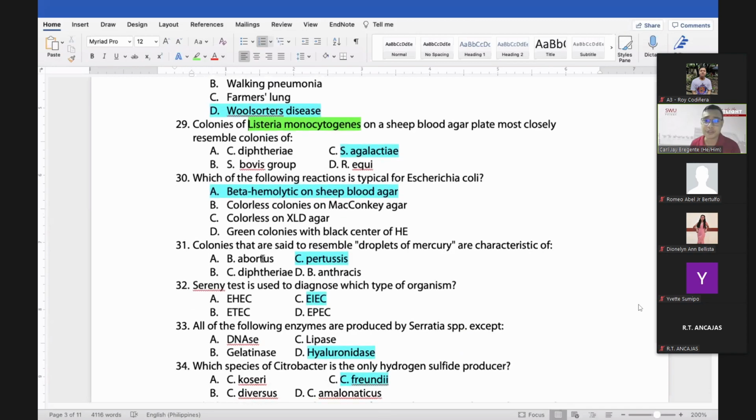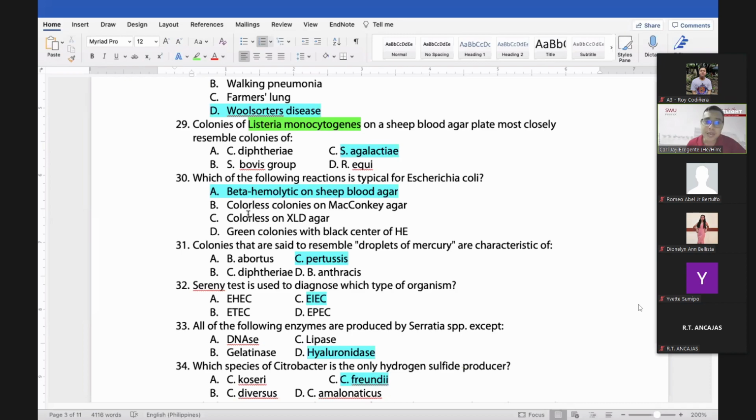Number 30, which of the following reactions is typical for E. coli? A, beta hemolytic on sheep's blood agar, B, colorless colonies, C, colorless on XLD, D, green colonies with black center on Hektoen enteric agar.